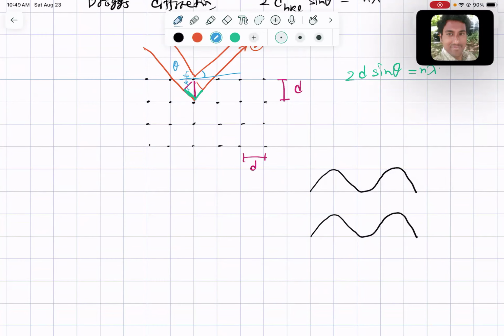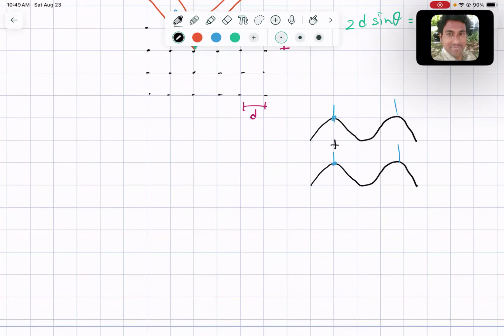And when they meet like this, their nodes align themselves in between two waves. If we sum them up when they meet together, they create a constructive interference there.